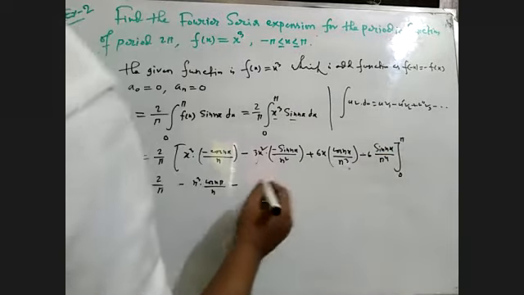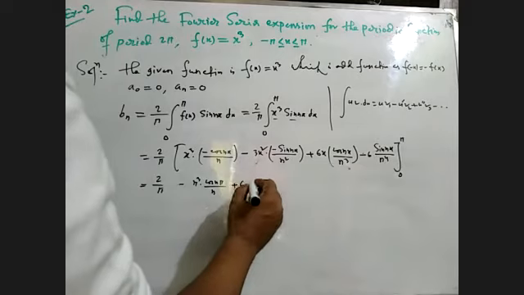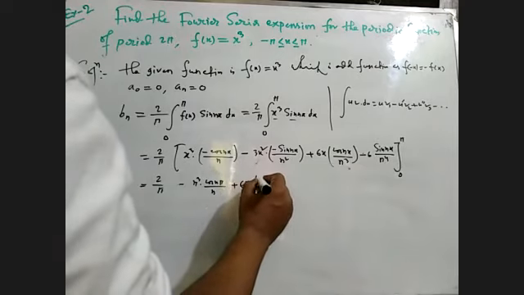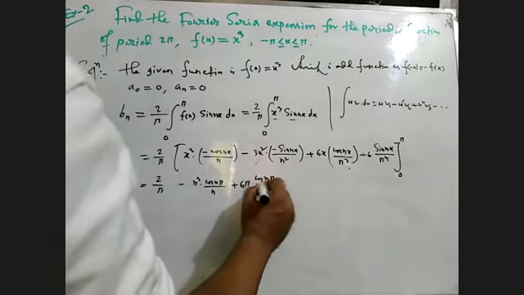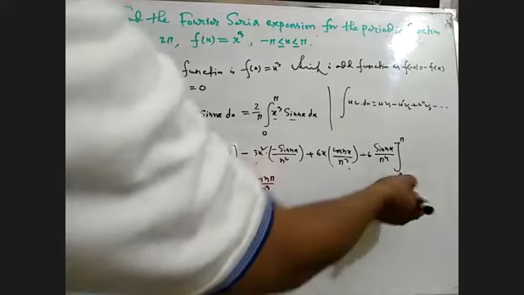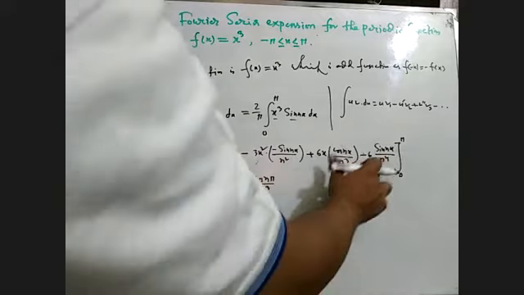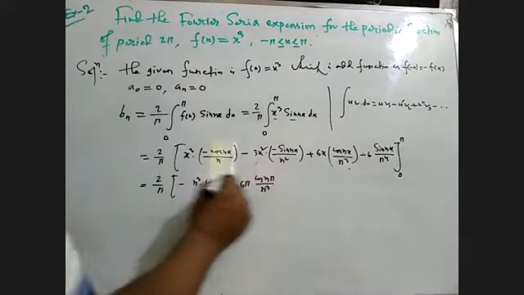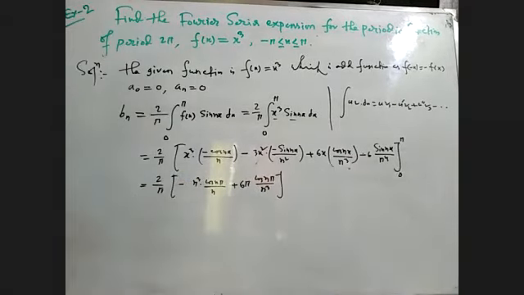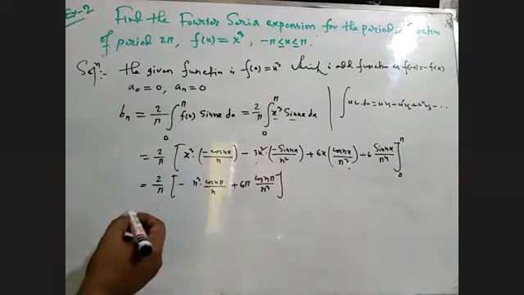Now another one, plus 6 pi cos n pi divided by n cube. Now putting x equals to 0, this also 0, and this also 0, this also 0, and this also 0. So we get only these values after putting upper limit and lower limit.